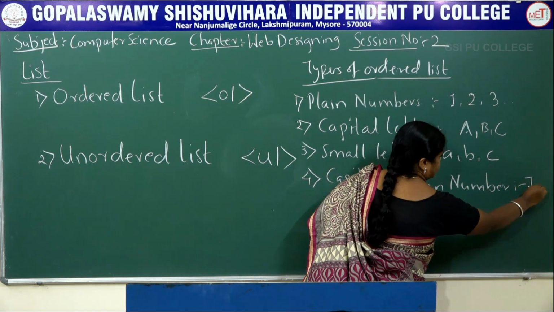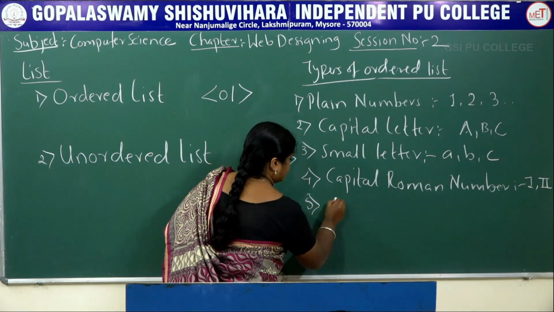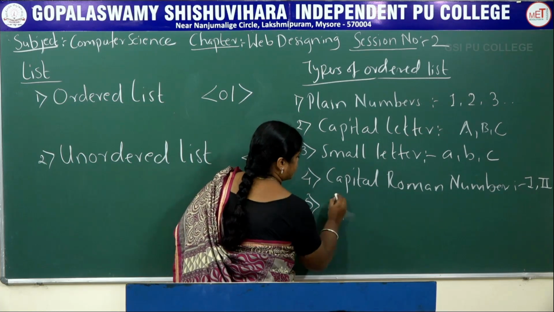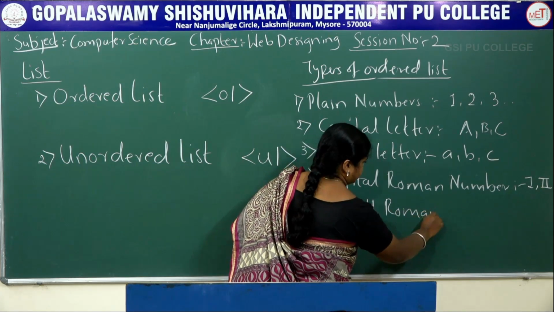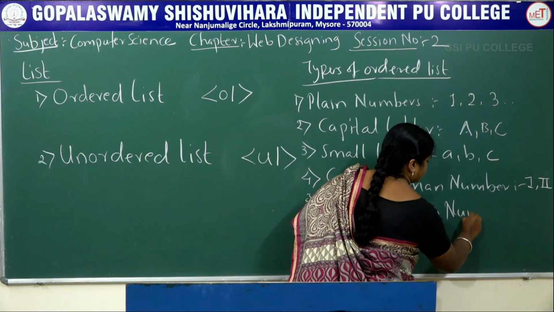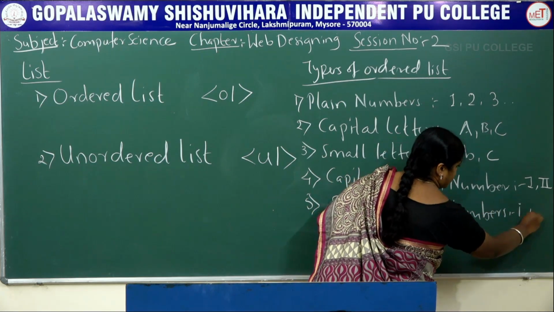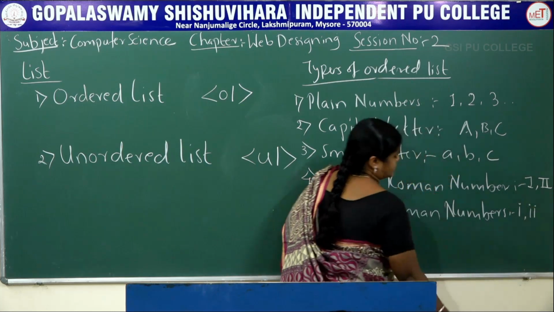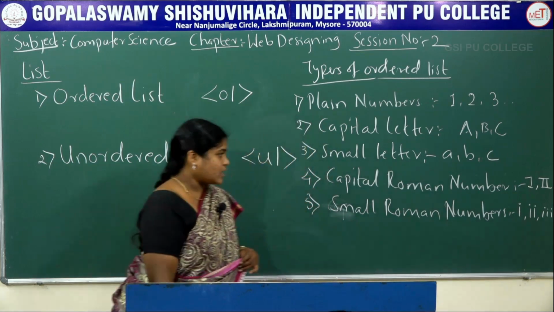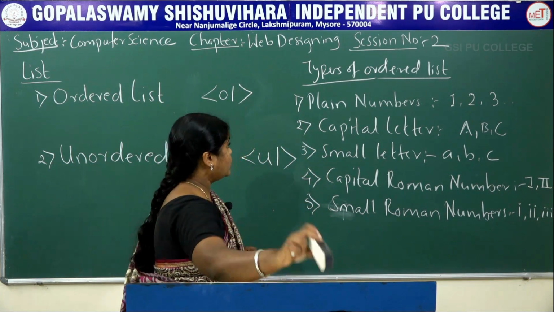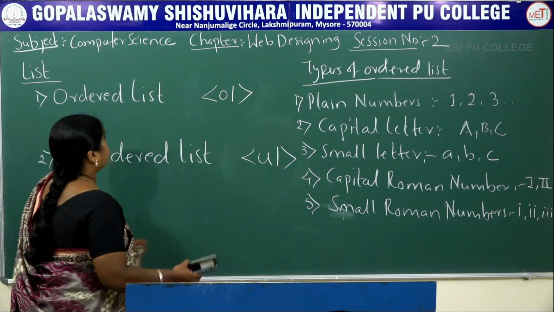That will be in form of these, and the next one is small Roman numbers. It will be in form of small I, then twice I for second, then thrice I for third. So this is how we are going to see how to display the items in the list in these different formats. Let's see one by one.